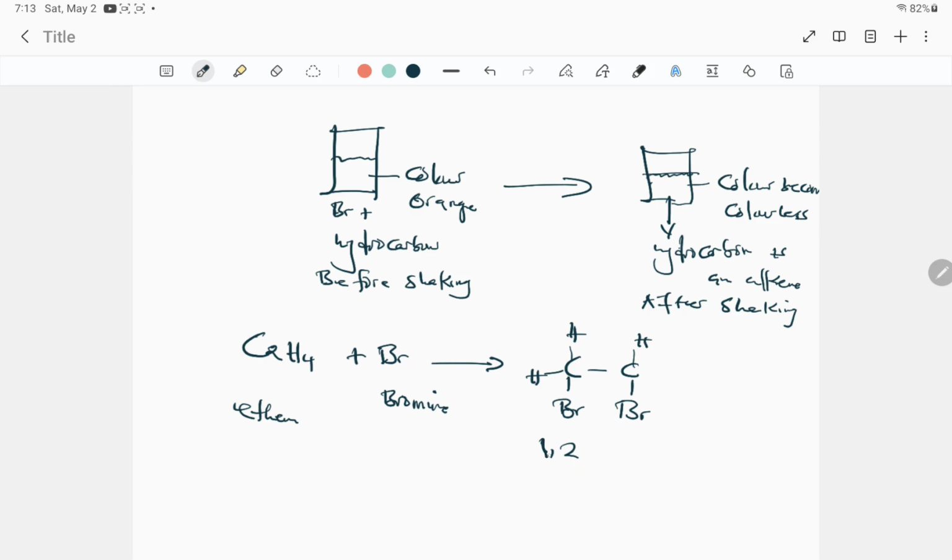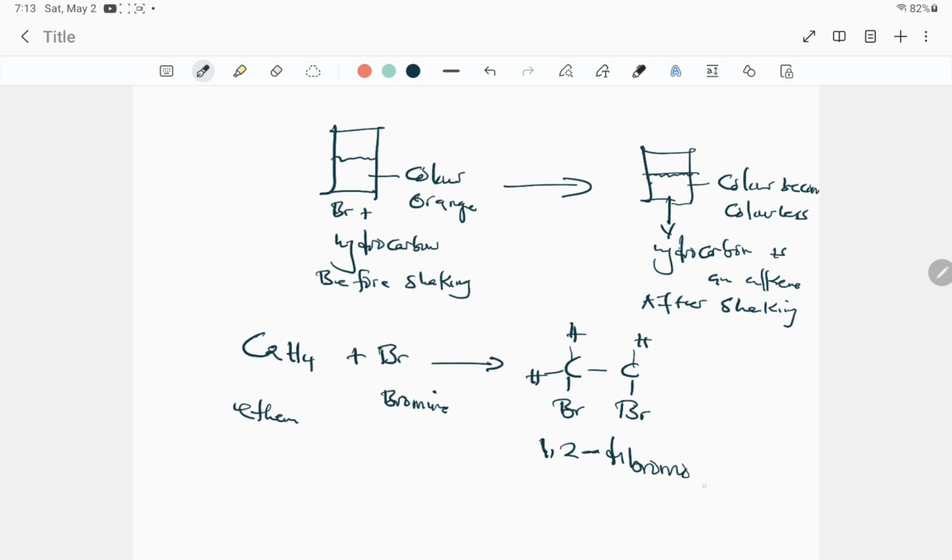The reason we say 1,2 is that one bromine is on carbon number 1 and the other bromine is on carbon number 2. The di means we have 2 bromines, so dibromo. We don't say dibromine, we say dibromo.